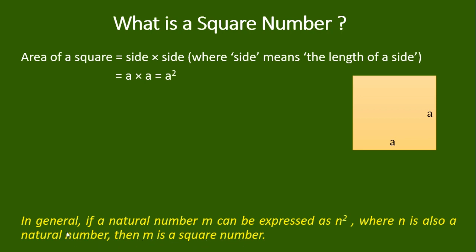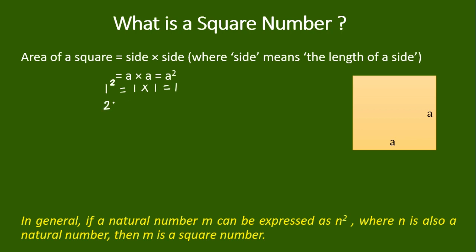Now, to understand this definition, we will see some numbers first. Suppose we have the number 1. If I write 1 square, then 1 square is equal to 1 multiplied by 1, that is equal to 1.